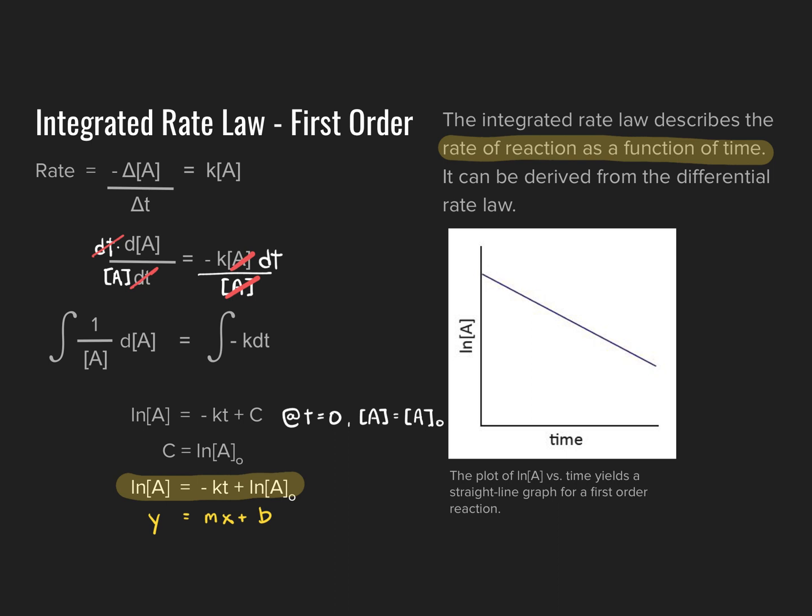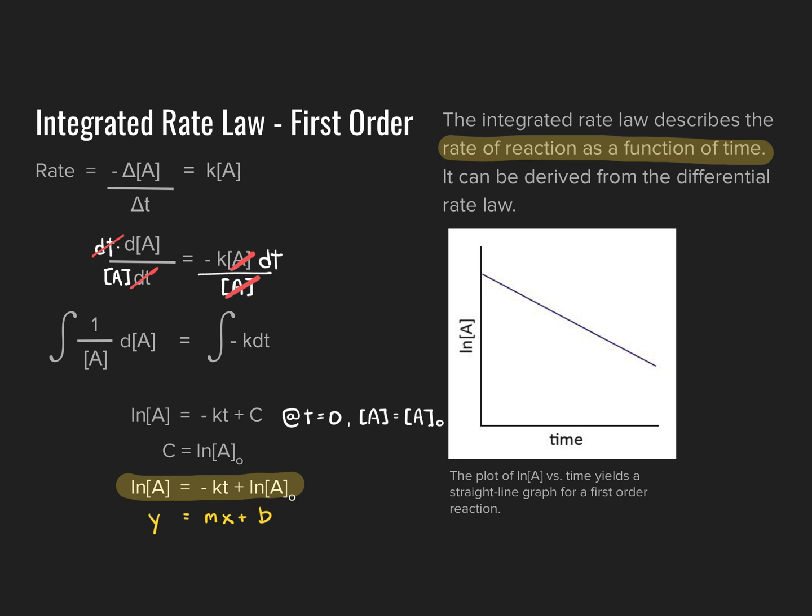In this particular instance, the y variable is going to be represented by the natural log of A's concentration. My slope would be equal to minus the rate constant K, and then the x variable in this equation is simply the time since the reaction began. And then the last thing that we see here in my equation, the b value, which again represents the y-intercept, in this particular equation is going to be the natural log of A's initial concentration.